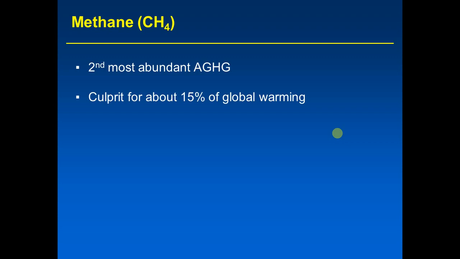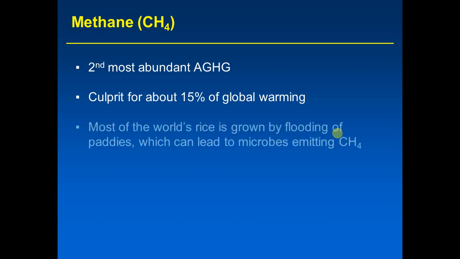Where do methane emissions come from? Well, most of the world's rice is grown by flooding of paddies, okay? A lot of people eat rice in the world, and to grow it, you generally flood these paddies, and when that's done, that can actually lead to microbes in the water emitting methane, okay?